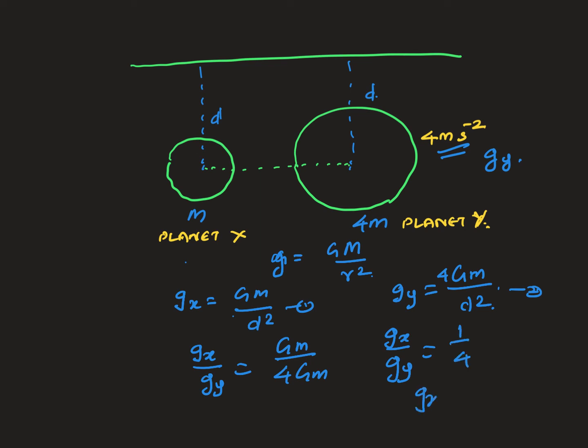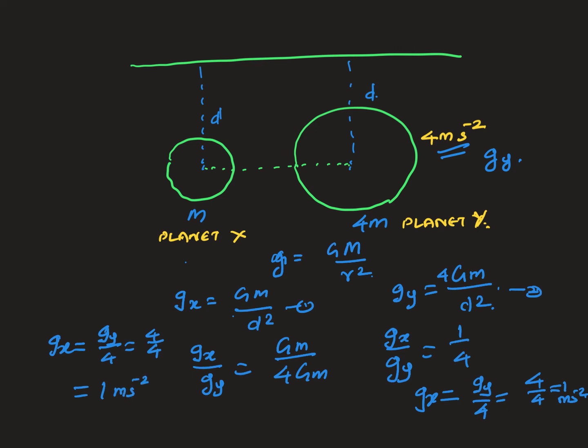So Gx is the same as Gy over 4, which is 4 over 4, and the answer is 1 meter per second squared. There's not much space there, so let me write it down on this side. So we found that Gx is equal to Gy over 4, which is 4 over 4, which is 1 meter per second squared.